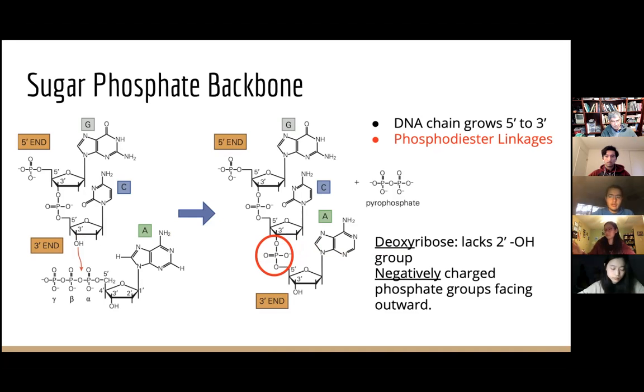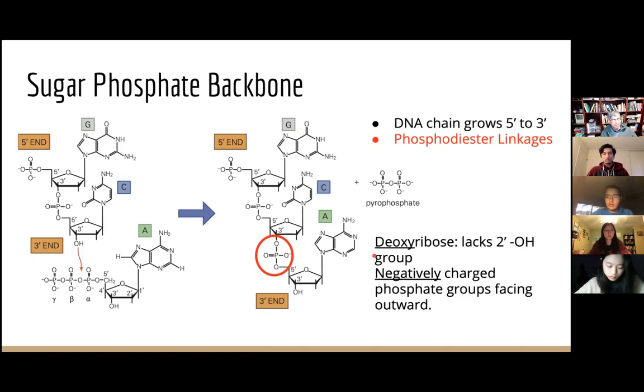And as the other tutors will get into later on in this concept review session, the fact that there is no OH group here makes it so that DNA can adopt a B form or a C2' endo conformation. And this will lead to it having wider major grooves, which I'll talk more about later on.